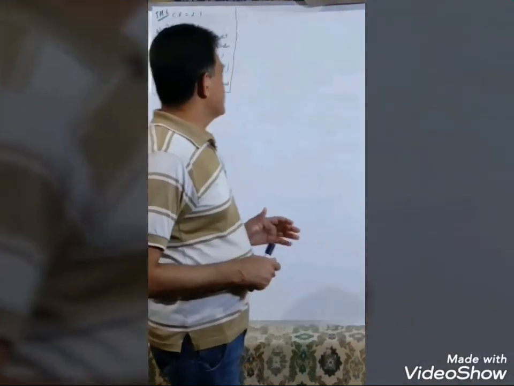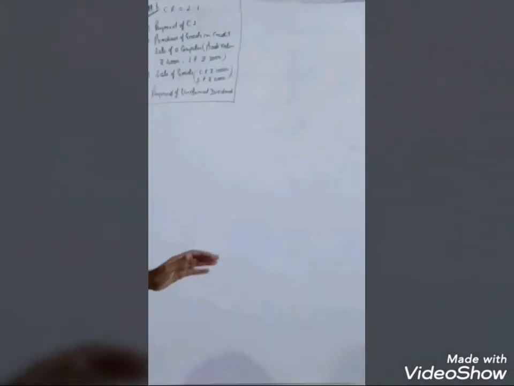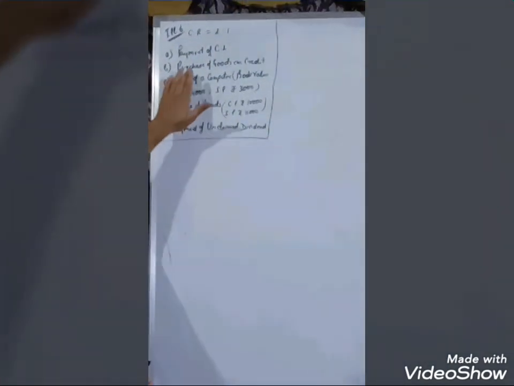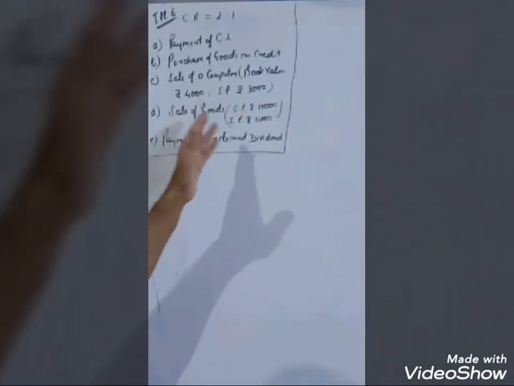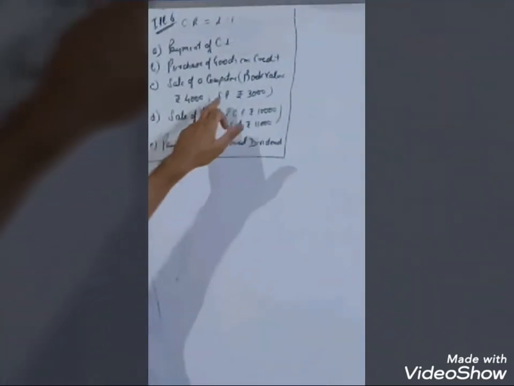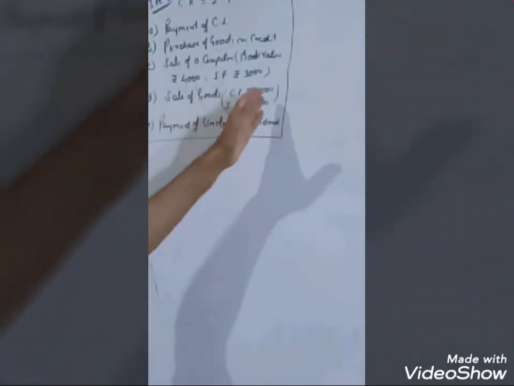As per NCERT illustration number 6, the current ratio is given as 2:1 and different statements are given. So this is termed the statement question. Payment of current liabilities, purchase of goods on credit, sale of a computer having book value of ₹4,000 for ₹3,000. Sale of goods, cost price ₹10,000 and selling price ₹11,000.